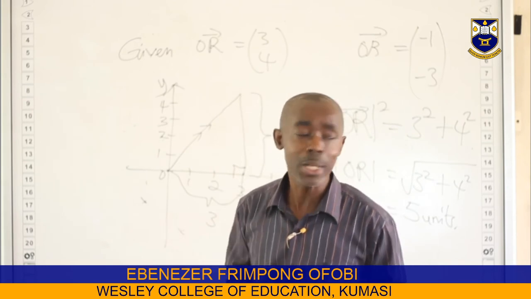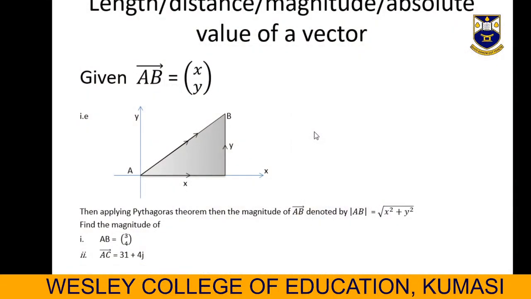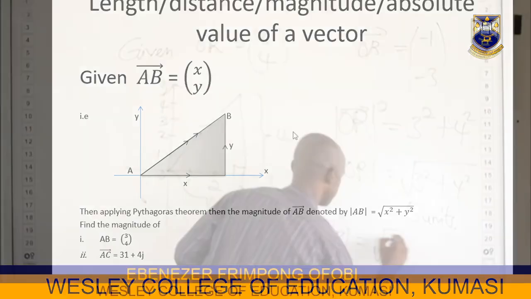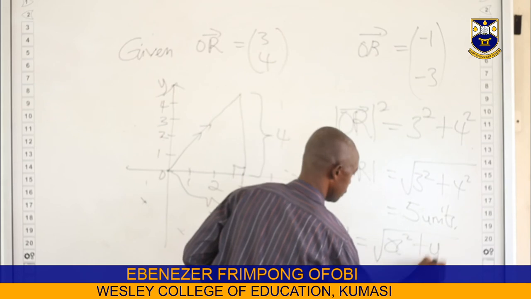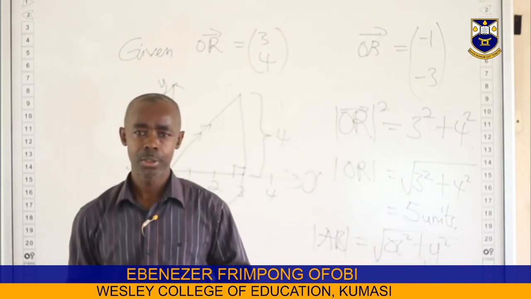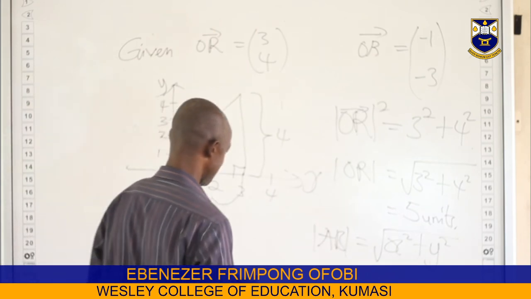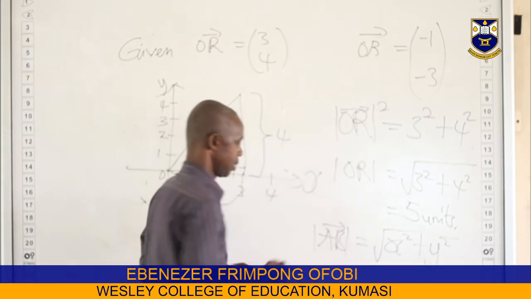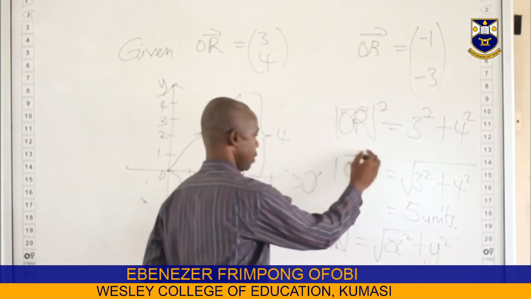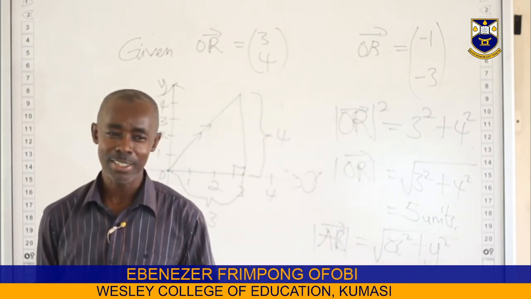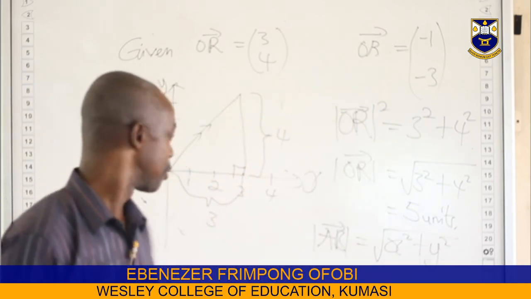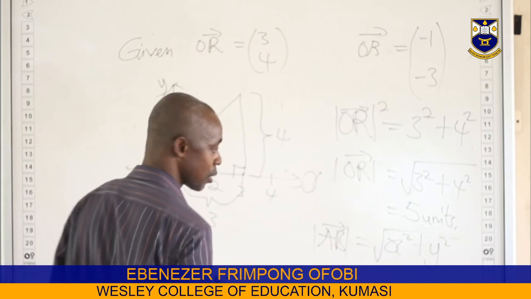Good. So if you look at what is on the slide, you notice that our formula is then given as: the length of vector AB is the square root of x squared plus y squared.